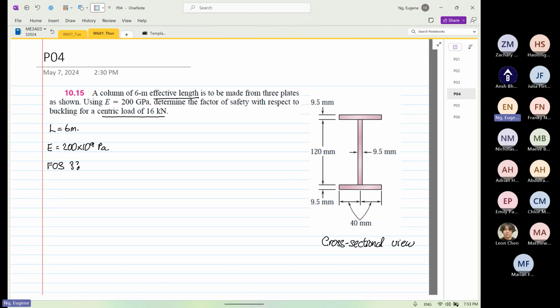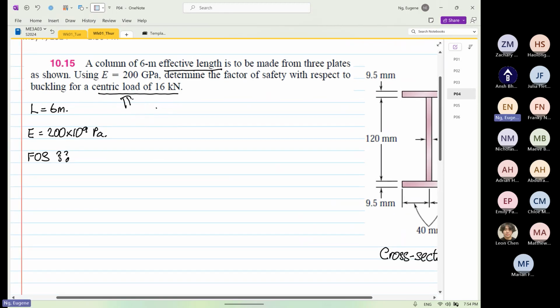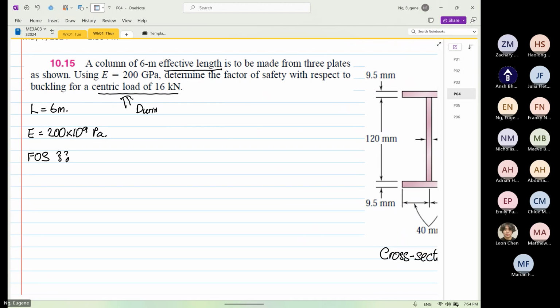The fact that it's centric means what? Centric means during deformation, or during loading, the load will always be in line or parallel to the centroid.